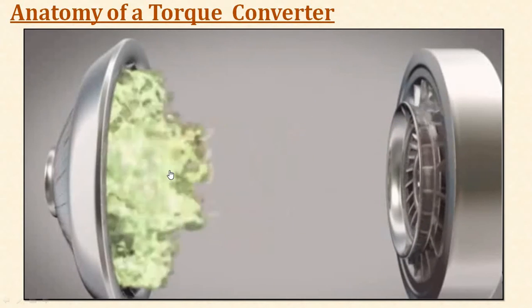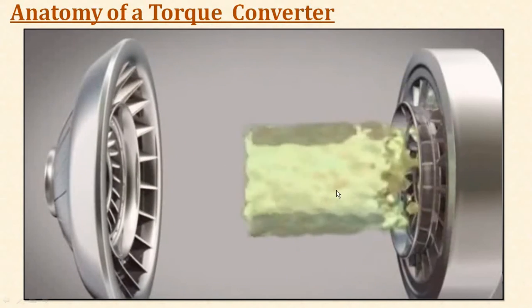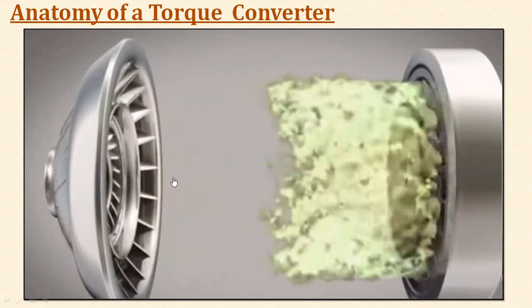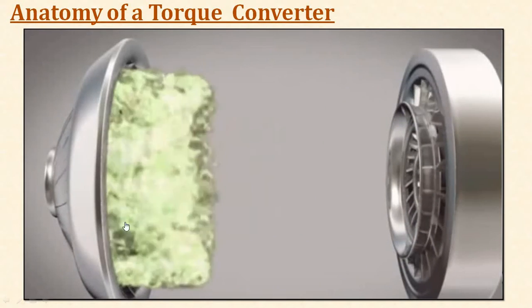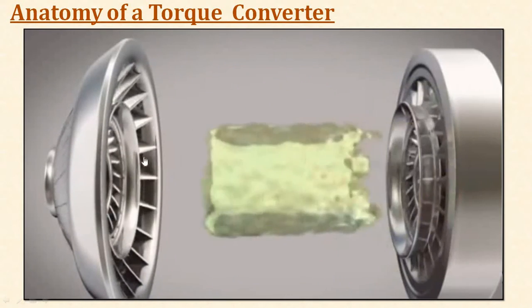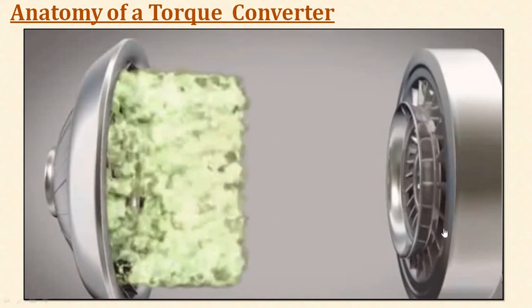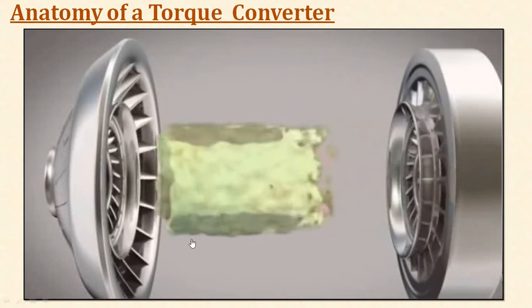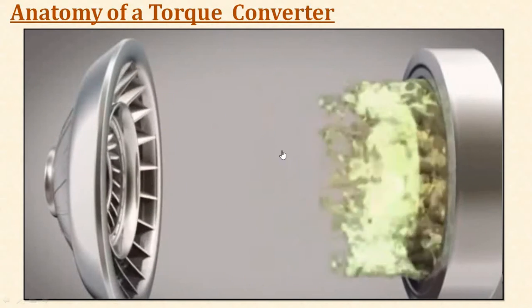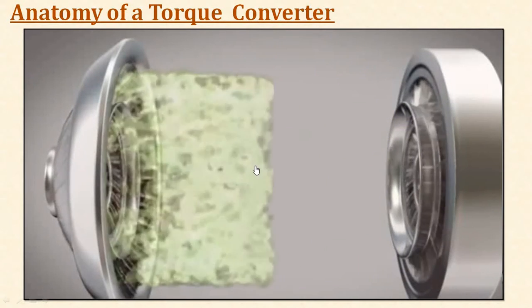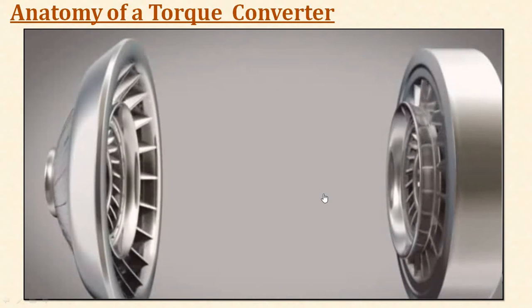So continuously this process will occur. Fluid of specific viscosity is continuously transferred from the impeller to the turbine, and the rotation torque is transmitted from the engine to the final drive.